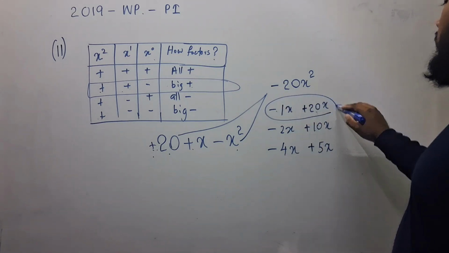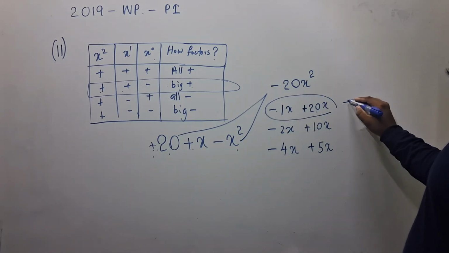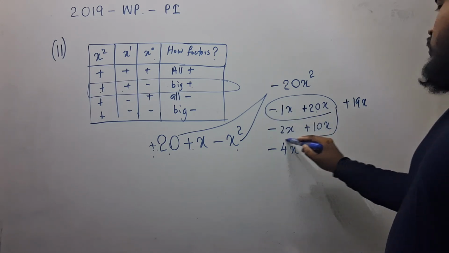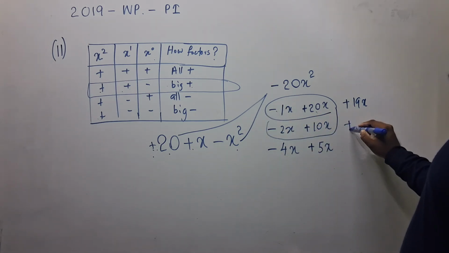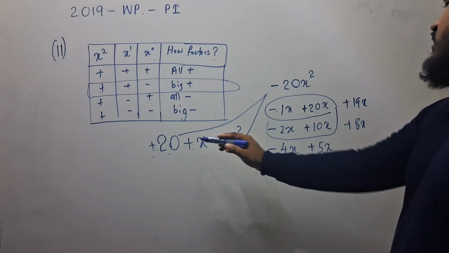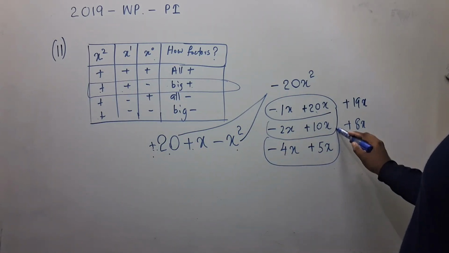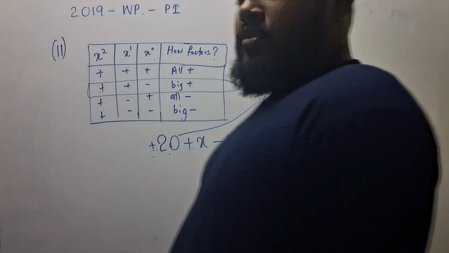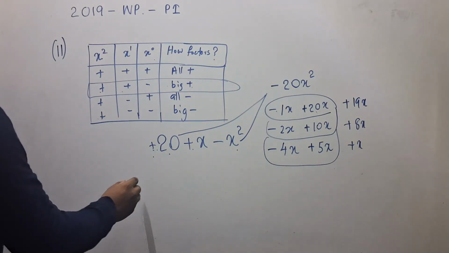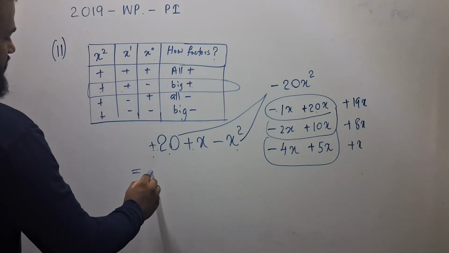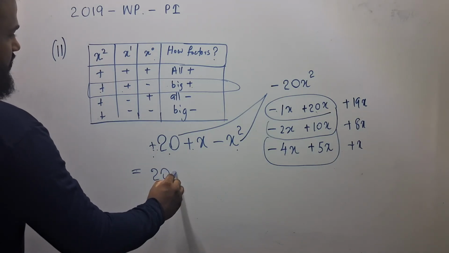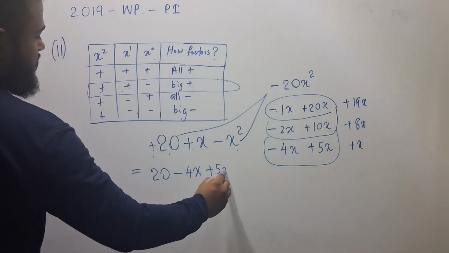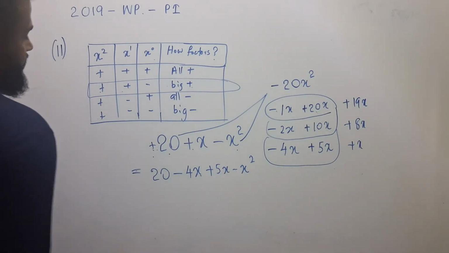Minus 1 and plus 20 is plus 19x, not matching. Minus 2 and plus 10 makes plus 8x, not matching. Minus 4x and plus 5x makes plus x, matching. So we separate it as 20 minus 4x plus 5x minus x squared.